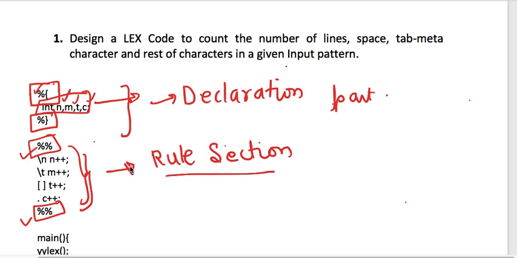Because the output the program has to generate depends totally on the rule section. Based on these rules, your output will vary for a certain input.